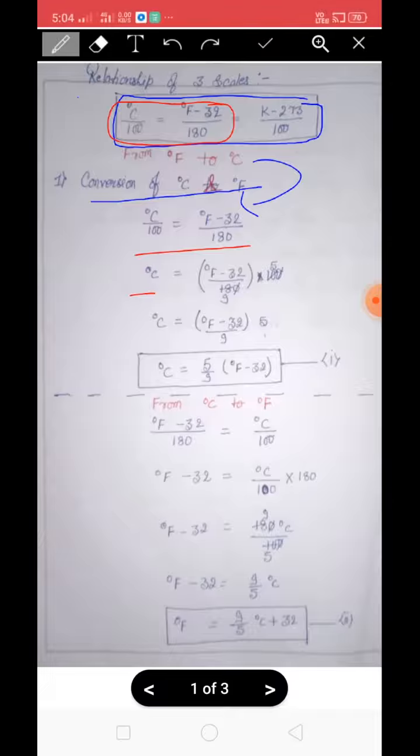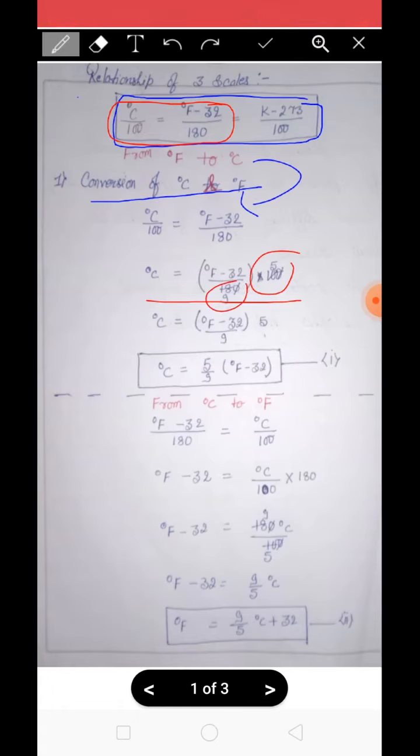So in this way, we will send this 100, which is written below degree centigrade in divided form. It is written as degree centigrade divided by 100. So we will send this 100 to the other side over here. As it is present in the divided form, it will become multiply over here. So in the next step we have degree centigrade is equal to degree Fahrenheit minus 32 by 180 into 100. Later, we will solve this portion.